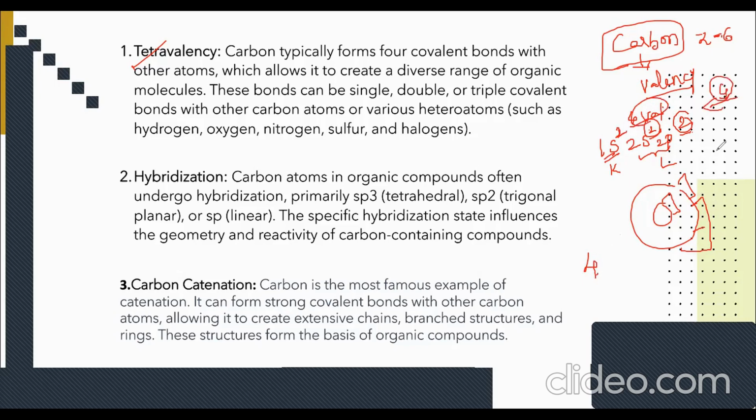No doubt, carbon has 4 valence electrons in the outermost orbit, and it is ready to combine with 4 more electrons to become stable, to get the octet state. So carbon forms 4 covalent bonds with other atoms.